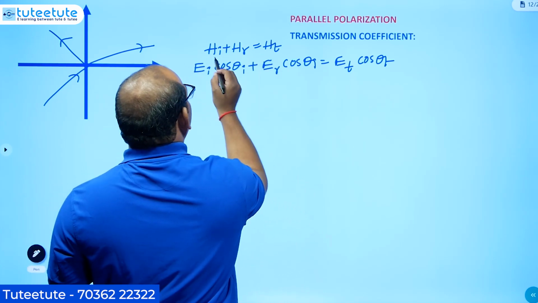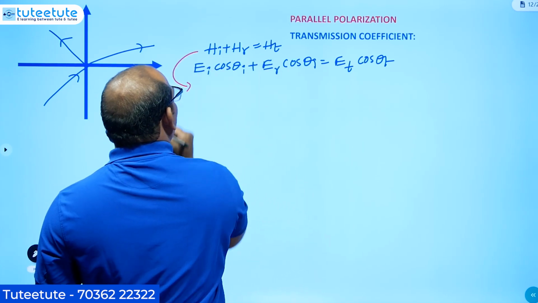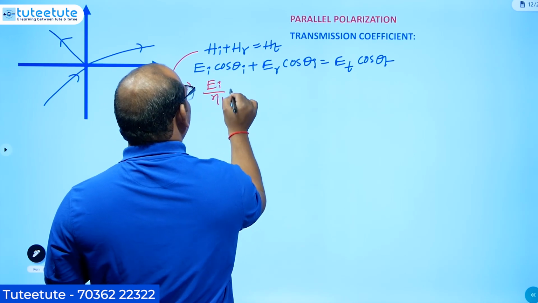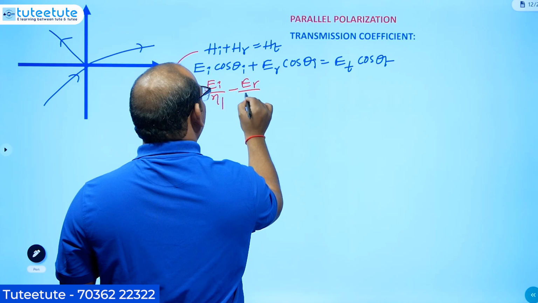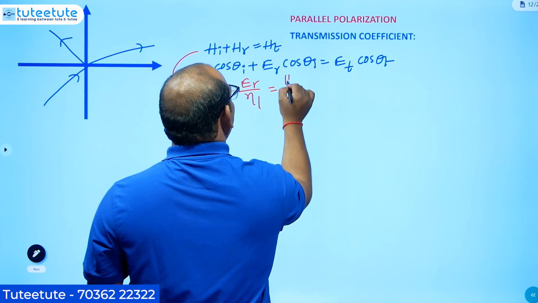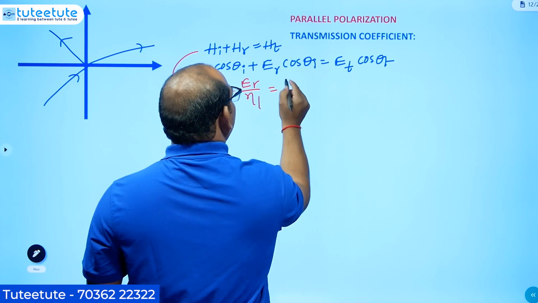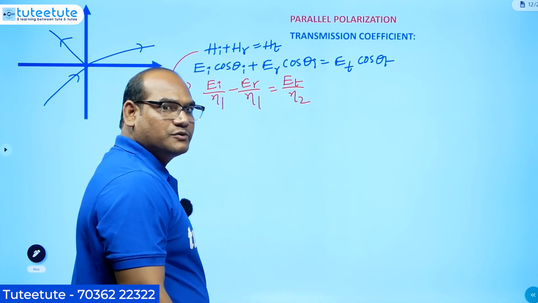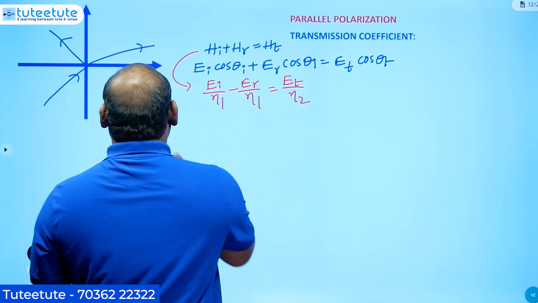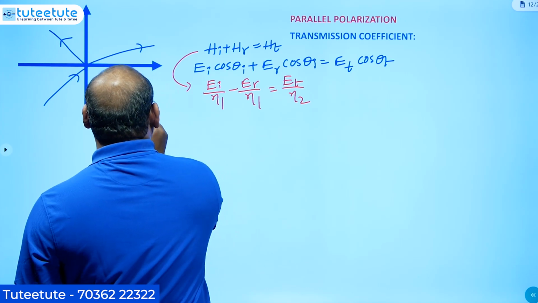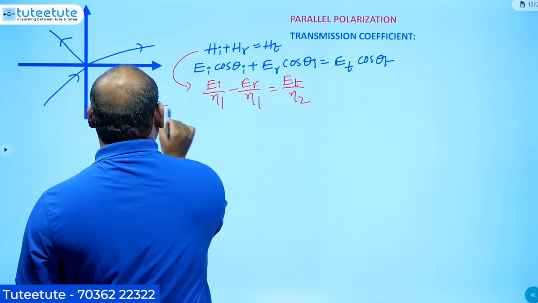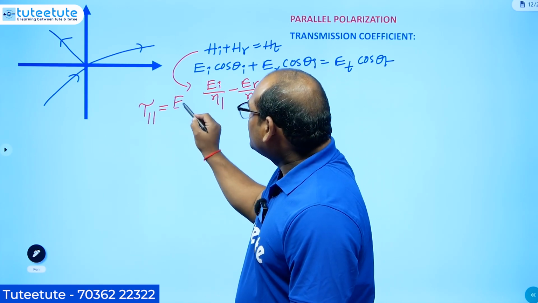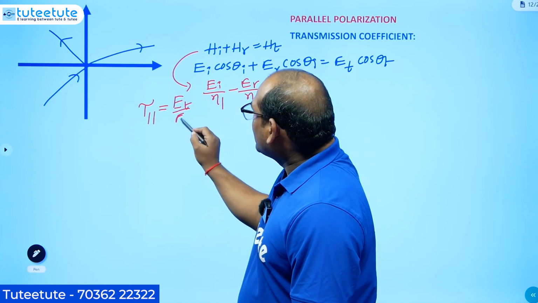Then the first equation can be modified into electric fields: EI by eta 1 minus ER by eta 1 is equal to ET by eta 2. This is what we can do. Now we need to get the transmission coefficient, that is tau parallel, which is the ratio of ET and EI.